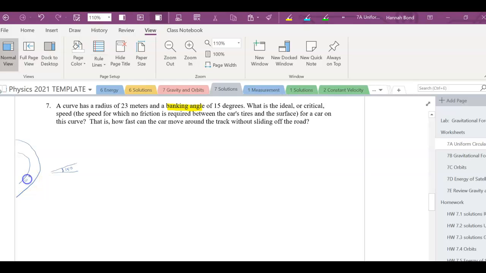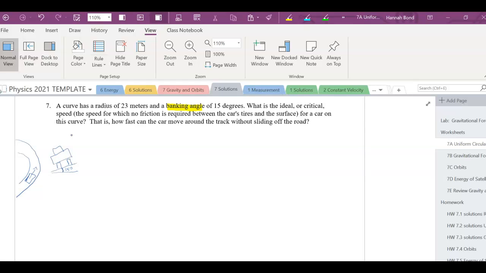So in other words, we've got a car moving around this circle, and if I look on the end of the car, these are my wheels, here's the body of the car. One side of the car will be slightly elevated because of that banking angle.